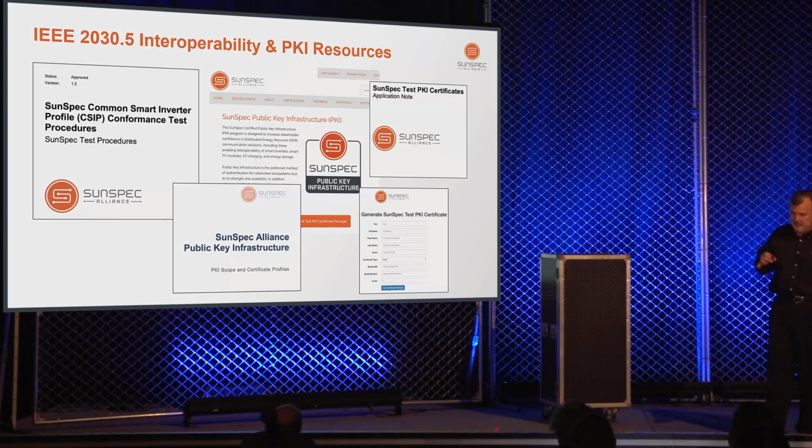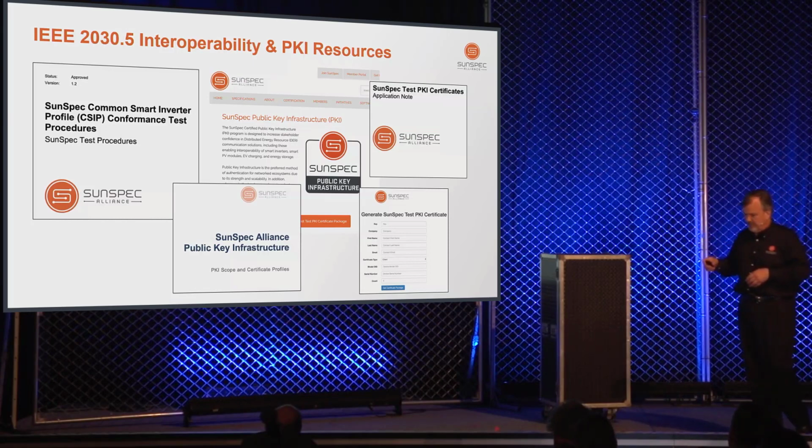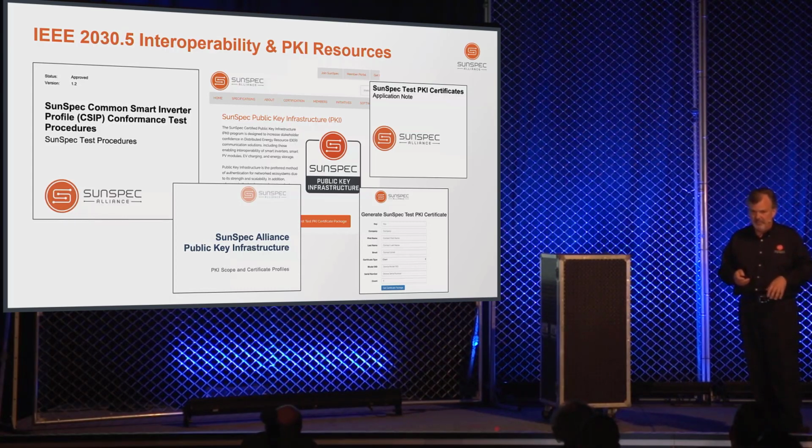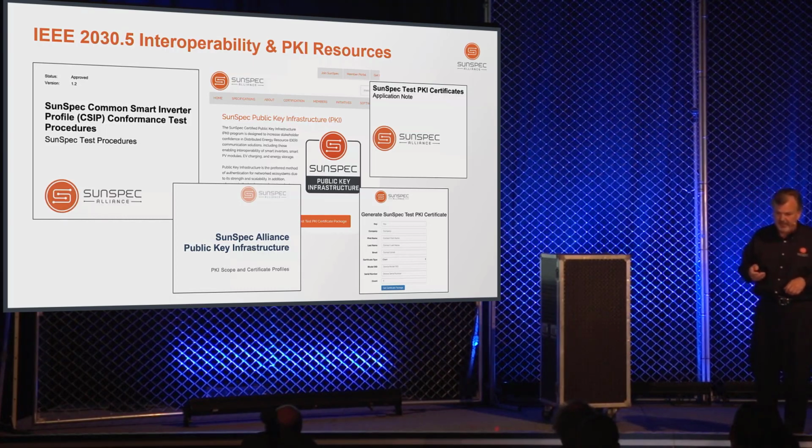There's an application note describing how to go through the whole process. And then, of course, there's information on the public key infrastructure that lays out the responsibilities for who's checking what and who's responsible for what in terms of the overall security of the PKI itself, which it turns out is really, in the near term, the most important security issue that we're dealing with: just locking down this PKI.